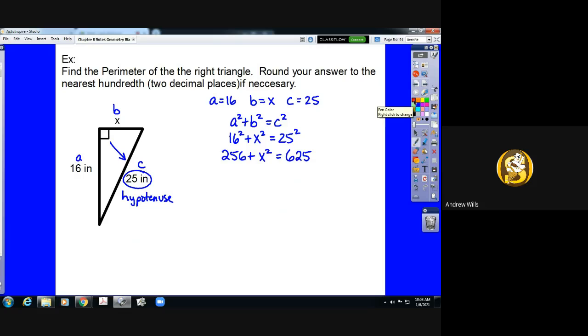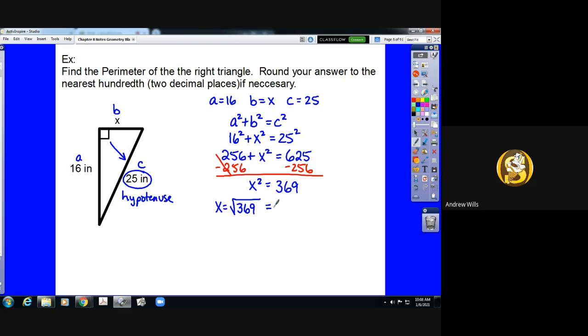We need to subtract 256 from each side, which gives us that X squared is equal to 369, which means that X is the square root of 369.